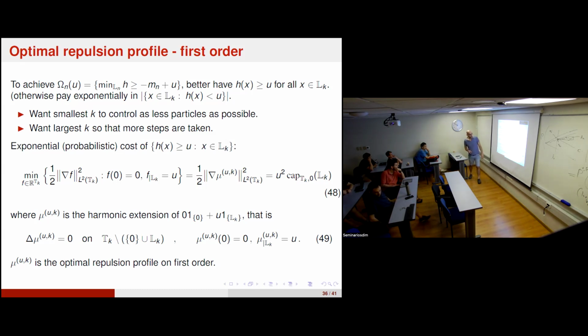The beginning is to try to understand this event, this right tail event. I'll do it generally for any u. In the end, we'll plug in u equals mn to get positivity. And clearly, if you want to shift your minimum up by u, you better do it very quickly, because the more you wait, the more particles or vertices you have to control.